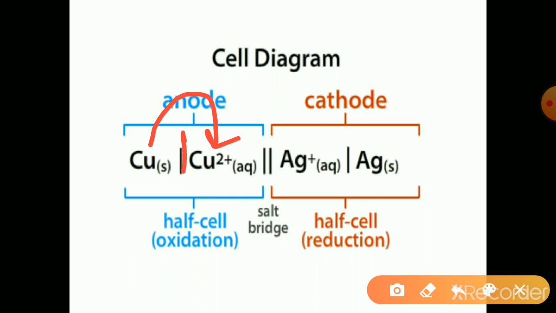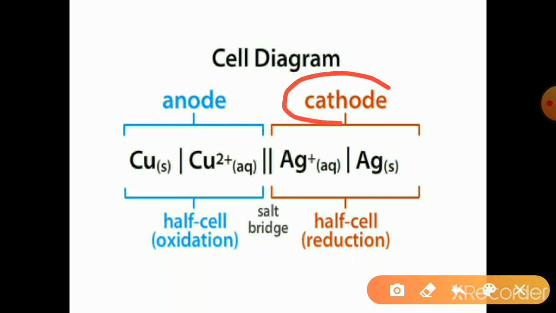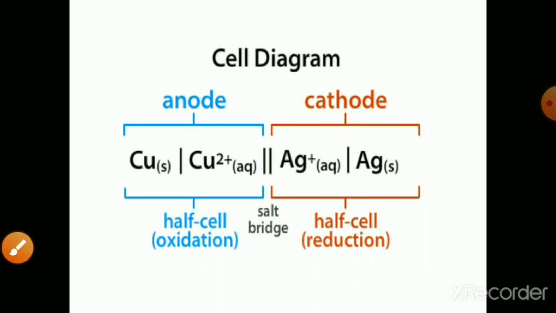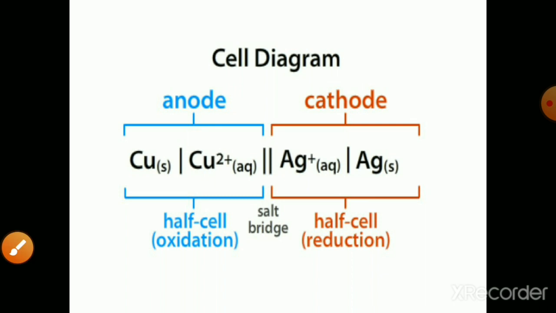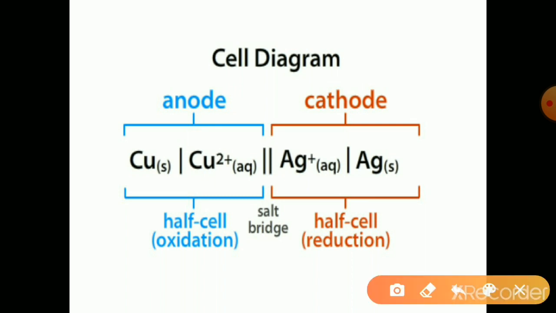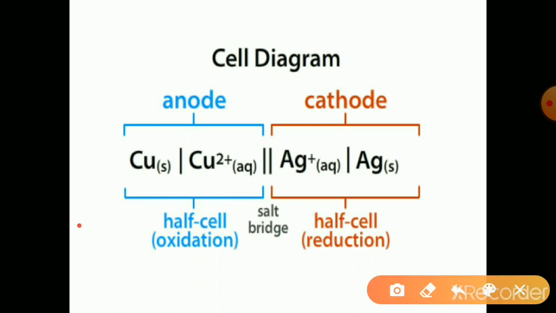On the cathode, as reduction takes place, its ionic species is written and then the metal strip is written, and in between them a vertical line is placed, which means physical contact between these two. And these two half cells are connected by a salt bridge internally, which is indicated by two vertical lines.